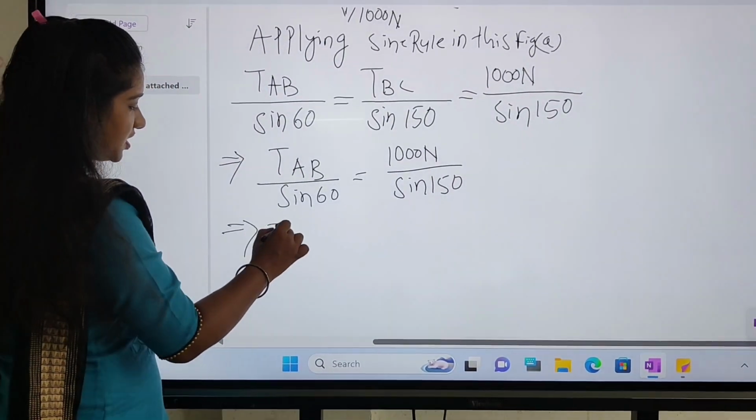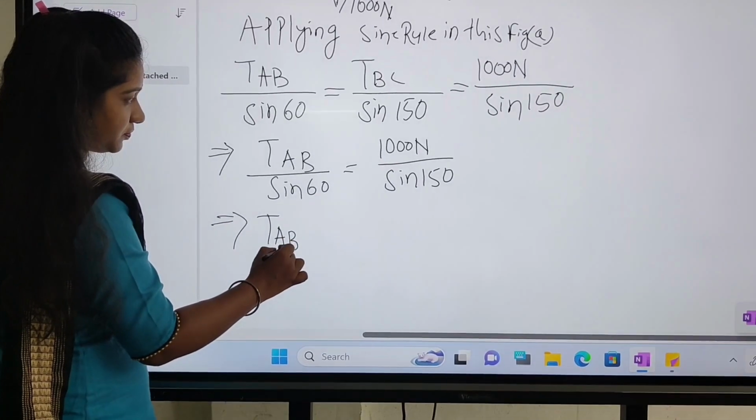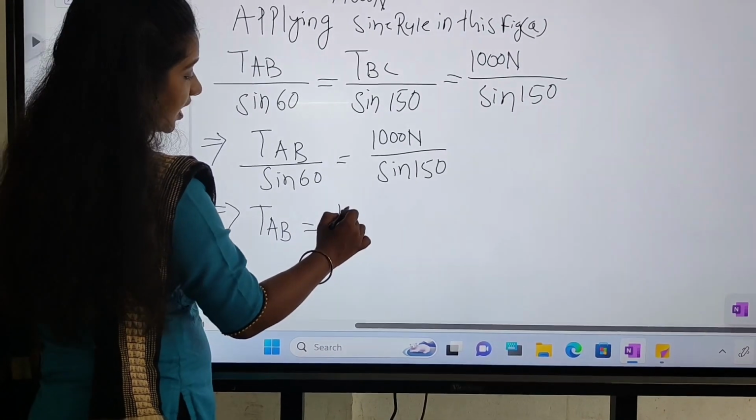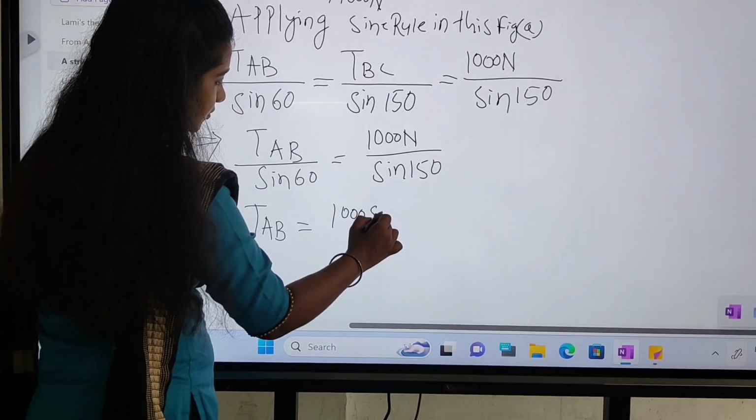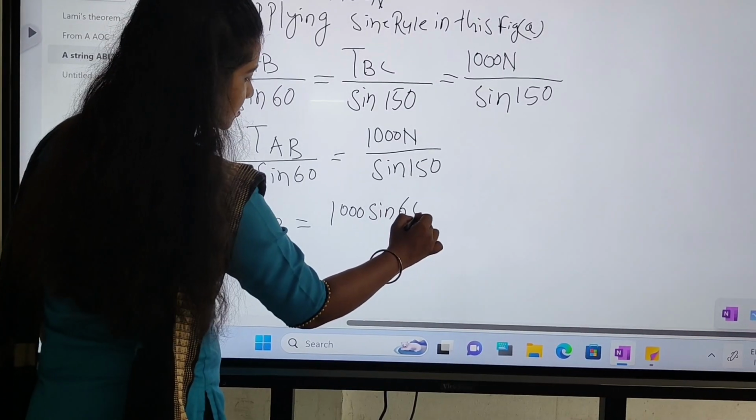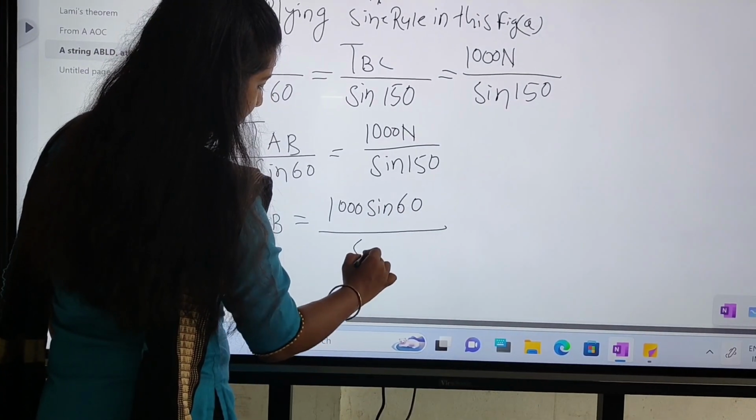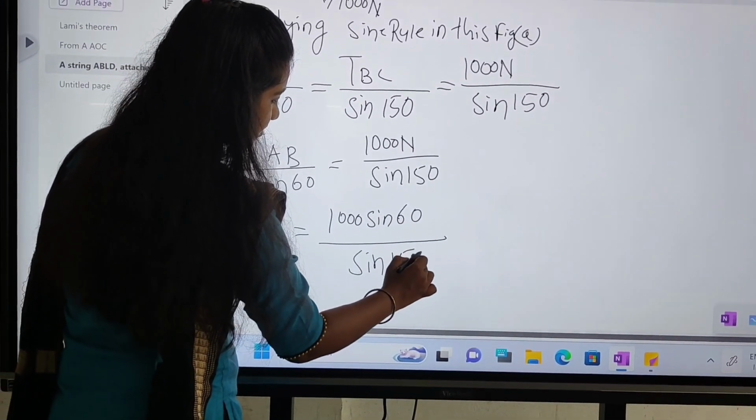Next, TAB equal to 1000 into sine 60 divided by sine 150.